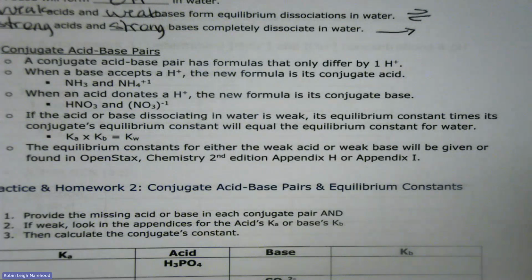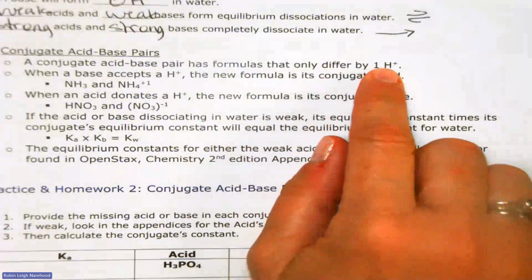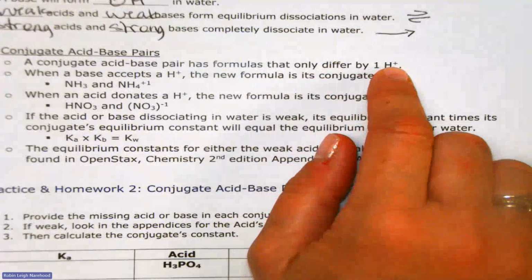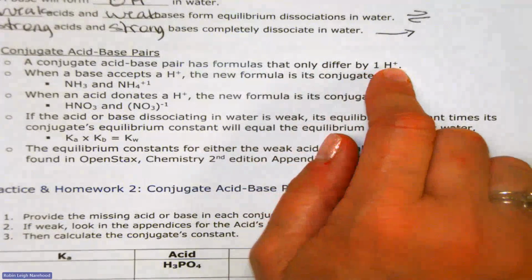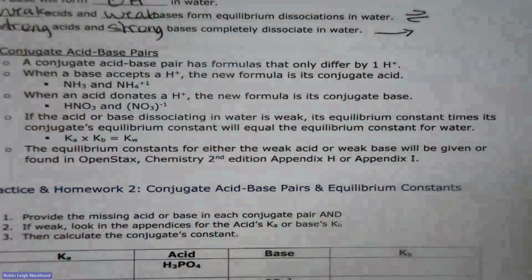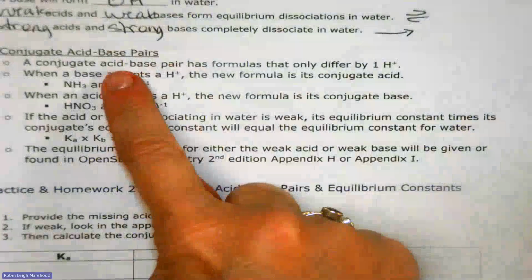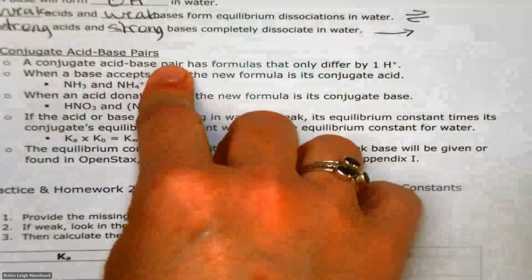And then we added a hydrogen on the other side. And so the formulas only differed by one hydrogen ion. They both had CO3. One of them had an H, and their charge was off by 1. -2 versus -1. That is a conjugate acid-base pair.